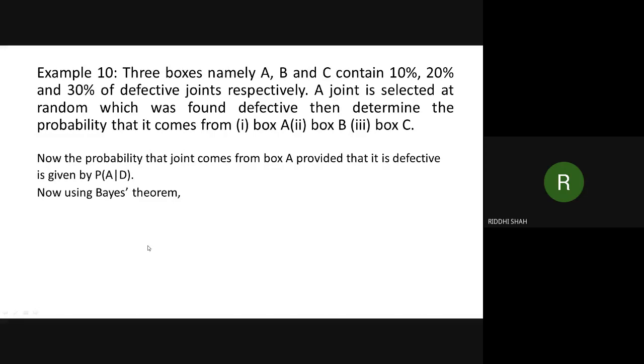P of A with respect to D is equal to P of D over A into P of A divided by what?